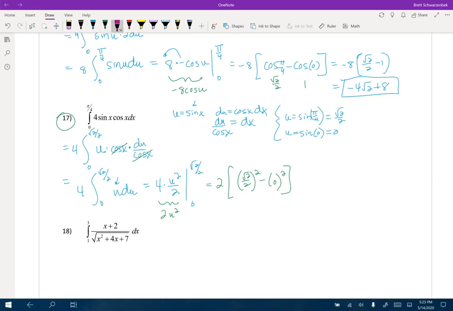So root 2 over 2 squared is 2 over 4, which is going to give us a half. So this is a half minus 0. So if we do 2 times a half, believe it or not, this entire thing has an area of just 1 instead of a weird answer. But that is what you get as the area under the curve.